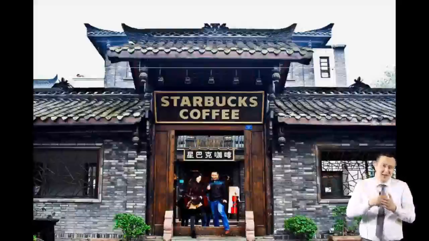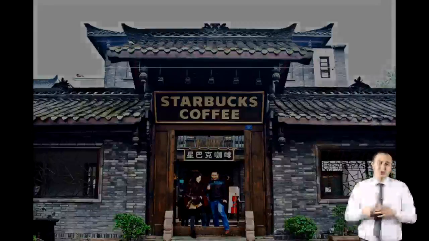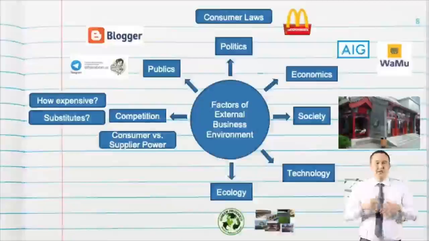So by going to China and adapting to Chinese society, even in their buildings, the Starbucks company is telling the Chinese people that they're here as a friend, to do business and to serve the Chinese society. And because of that successful adaptation to Chinese culture, Starbucks was able to capture market share quickly.